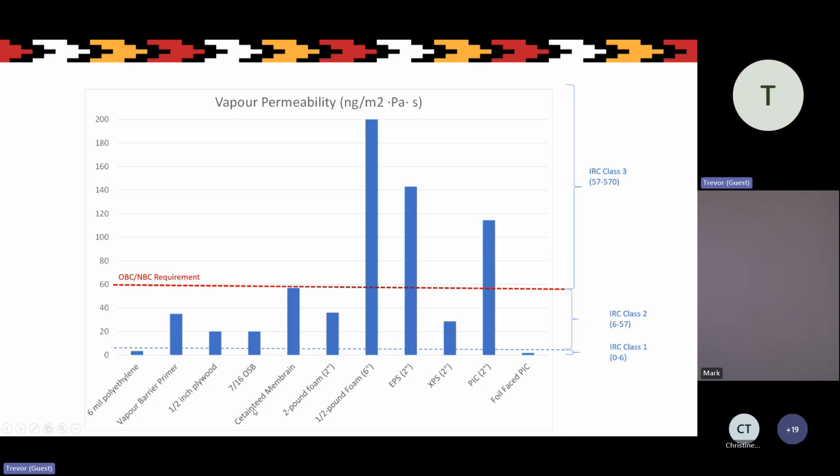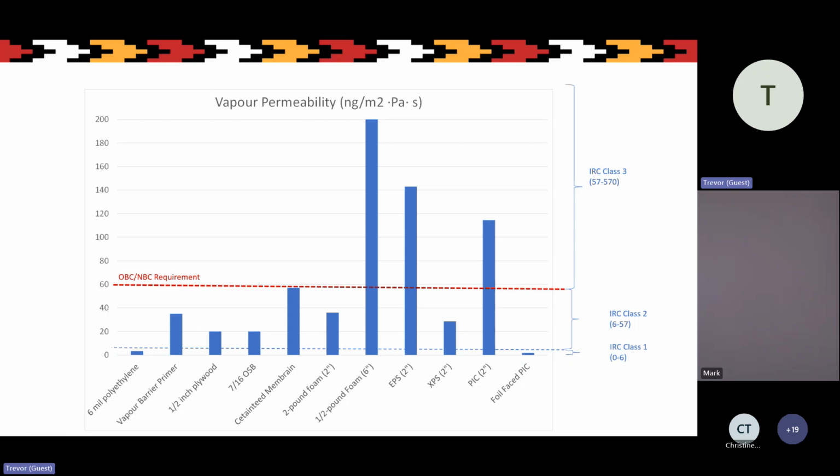So the other interesting thing in our codes in Canada, we have this one requirement. In the IRC, the International Residential Code, there's a lot more subtlety to it, and they define class 1, class 2, and class 3 vapor retarders, they call them.